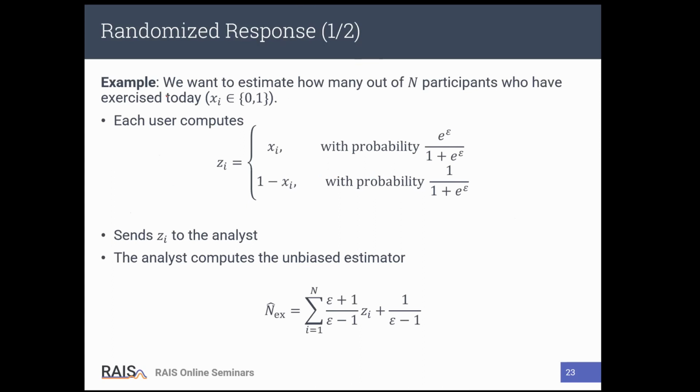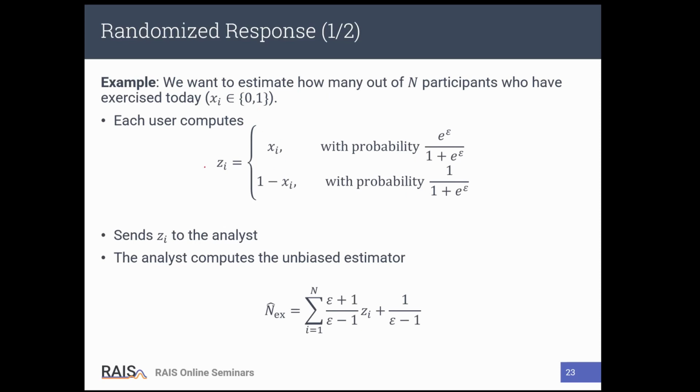A trivial example of local differential privacy is called randomized response. What randomized response does is super simple, and it allows you to compute the average of yes/no questions, so basically binary questions. An example could be that we are some analysts and we want to estimate how many out of n participants have exercised today.